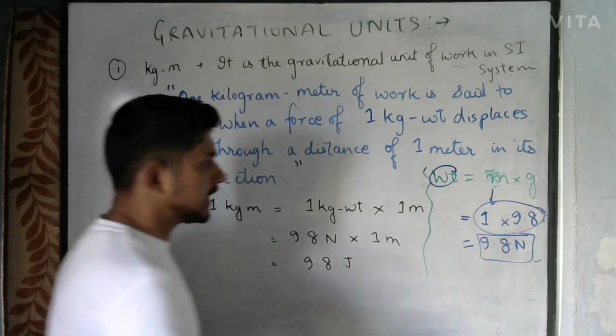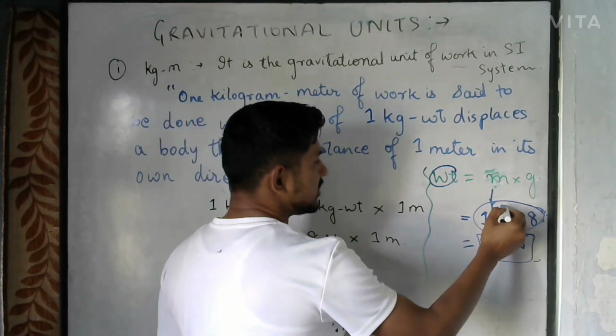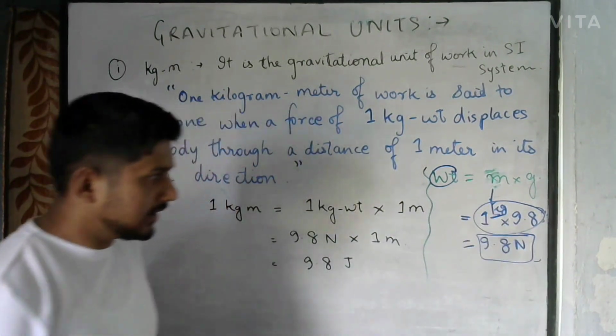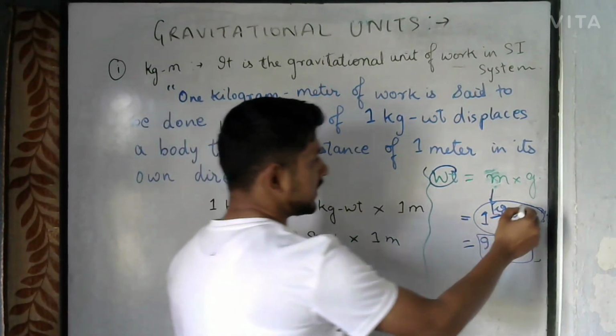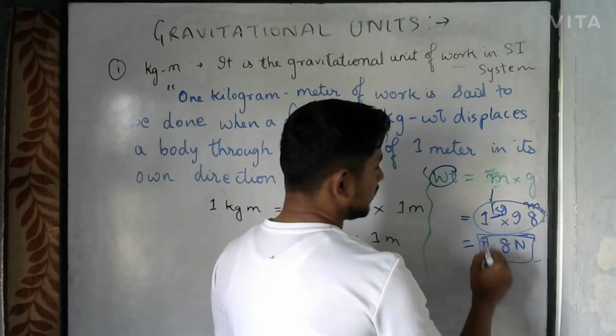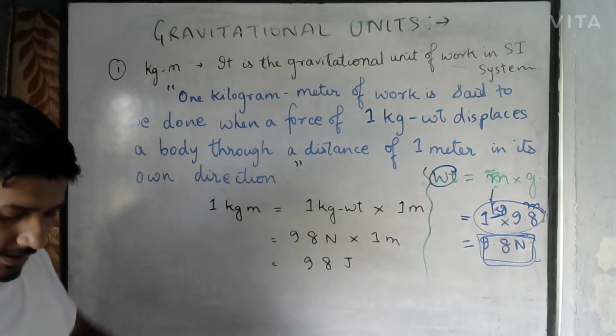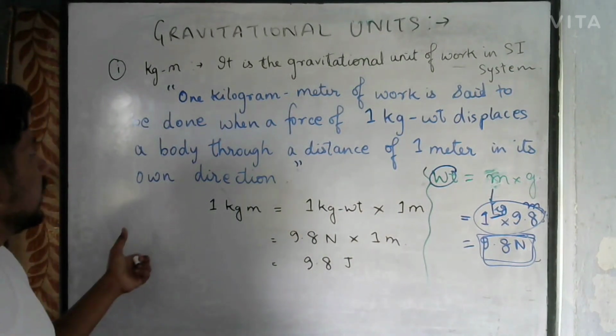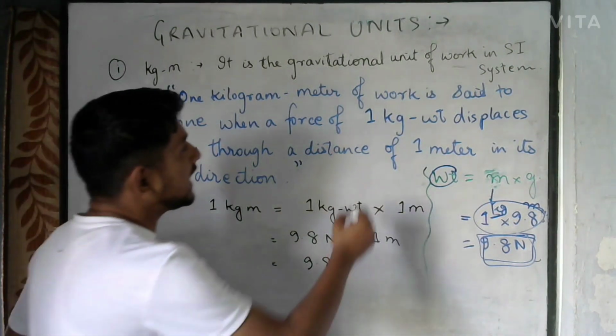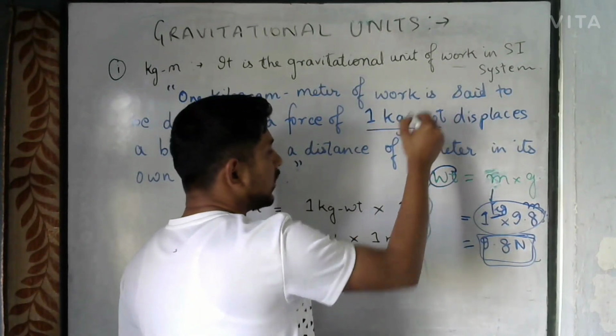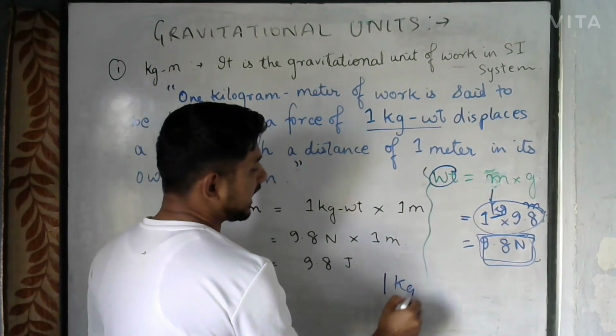If the mass is 1 kg and the acceleration due to gravity is this one, it comes as 9.8. We already know that there is one unit of force, also known as kg weight, or sometimes I might also call it kg force, right?